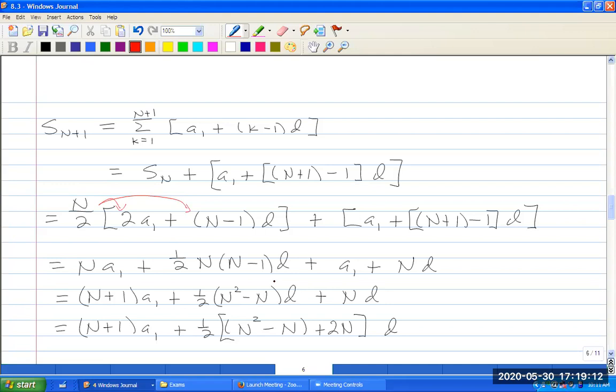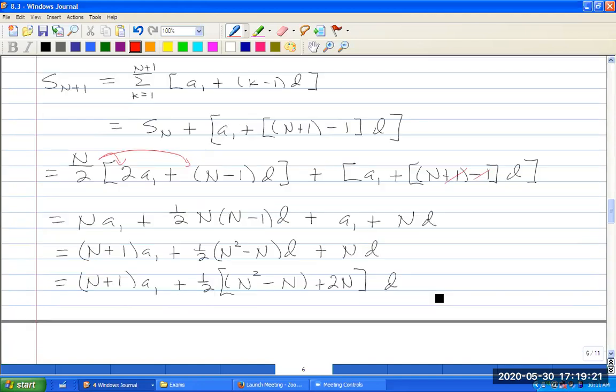Well, I can cancel out the 1's. And so this is just equal to a sub 1 plus nd. Let me multiply the n inside the parentheses. So I just get 1/2 times n squared minus nd. I have an a sub 1 and an a sub 1, so I can factor out the a sub 1 to get n plus 1 times a sub 1.